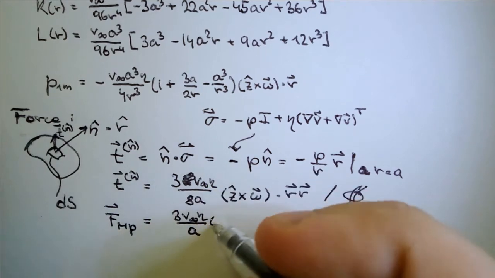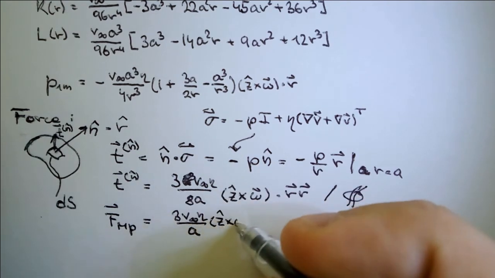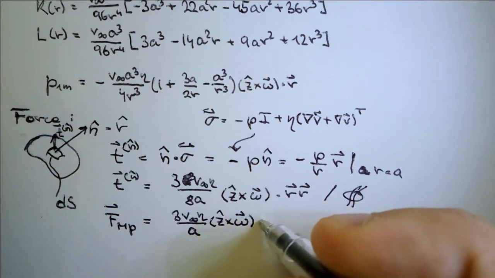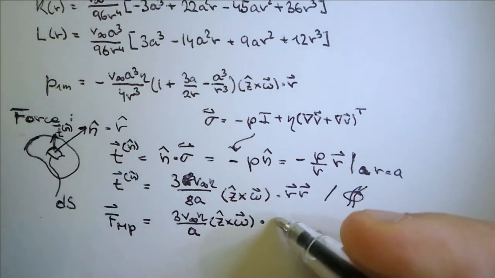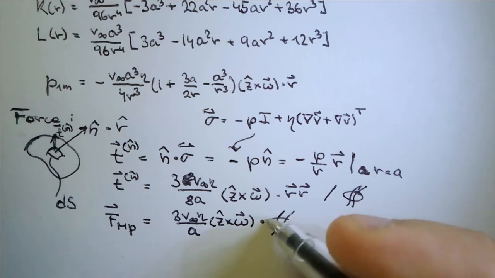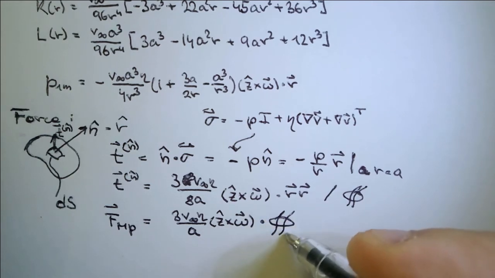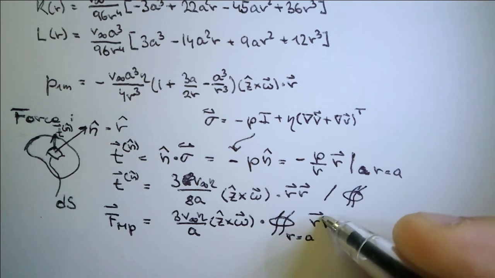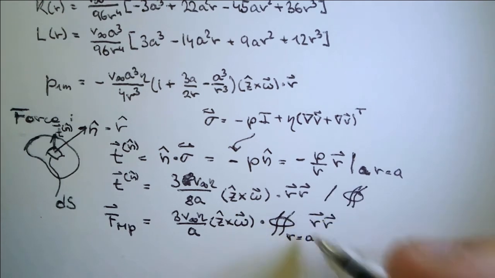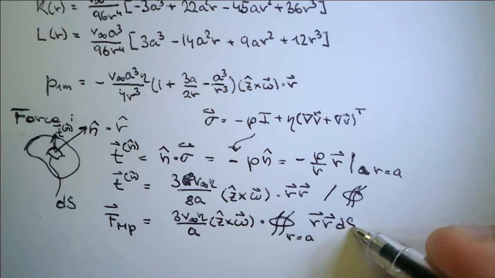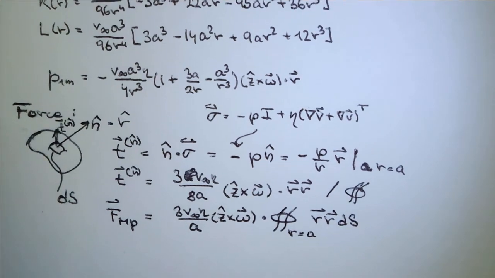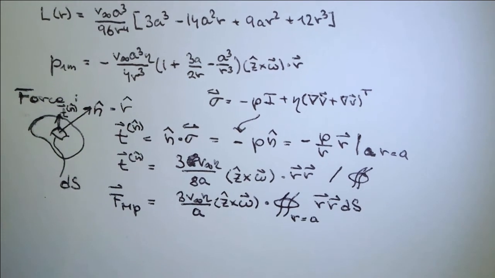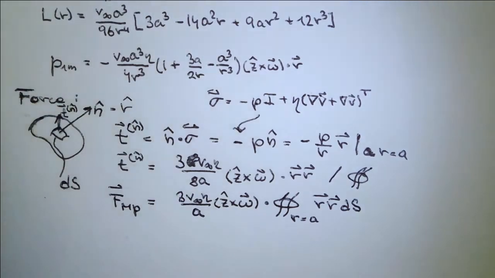This is constant, even this vector is constant, dotted with an integral over the surface r equal to a. We are integrating a tensor, and just to remind you how to integrate this tensor, it is a very easy tensor to integrate.